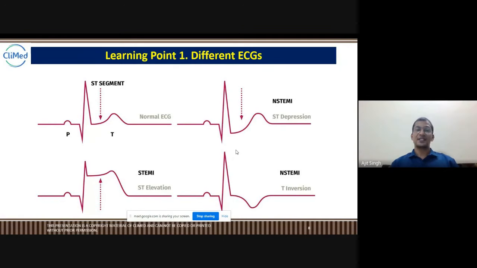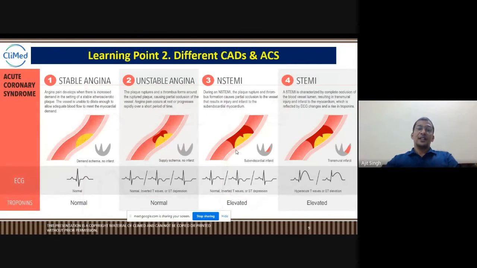Okay, so this is learning point 1. You should understand the differences in different ECGs for STEMI, NSTEMI and normal ECGs. Okay, understand? Now next thing is learning point 2, different CADs and ACS. So there are 4 types of coronary artery diseases. One is stable angina, one is unstable angina, one is NSTEMI, one is STEMI. Here they kept these 4 in the sequence of severity as well.